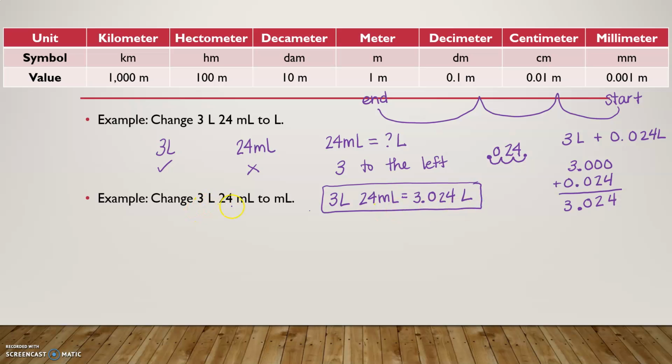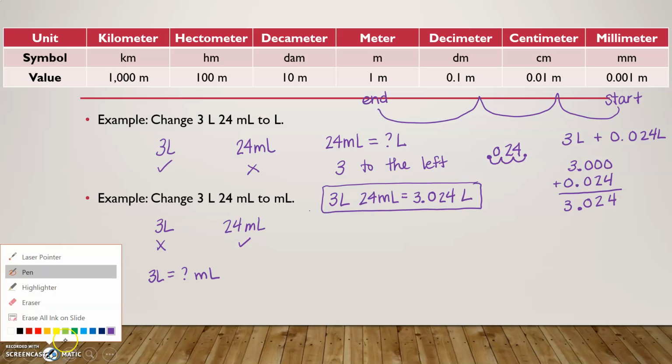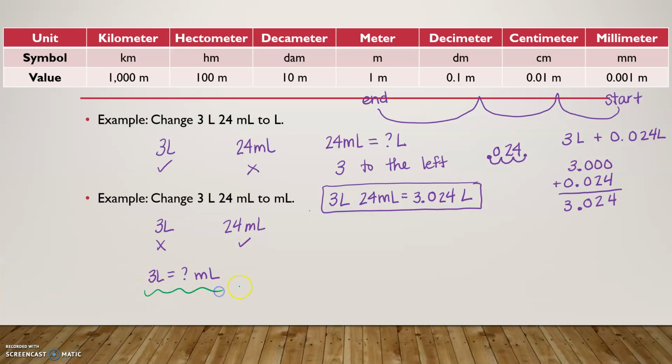Now we're going to use the same amount, but we're going to convert everything to milliliters. So I'm going to say, okay, I've got 3 liters and 24 milliliters. And the 24 milliliters is good, but this 3 liters is not good. So I'm going to say 3 liters is how many milliliters? Well, I'm going to change my color, and I'm going to use green.